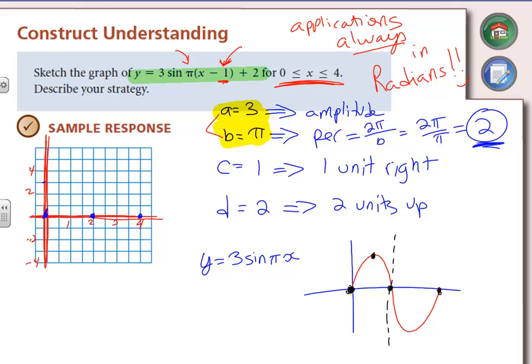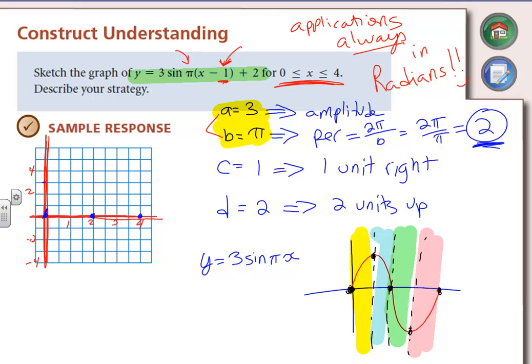Midline to maximum, maximum to midline, midline to minimum, minimum to midline. 4 parts. Color coordinate them there. Part 1, part 2, part 3. Put the blue back in there. And part 4, pink. So those 4 sections are evenly distributed always. They're always 1/4 of a cycle.